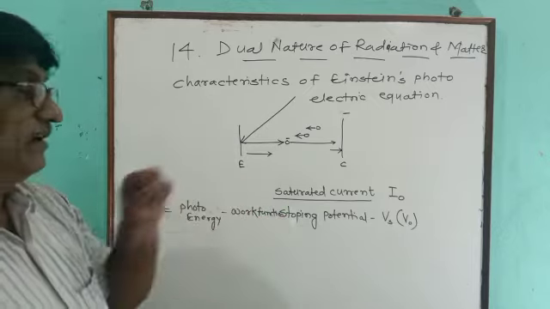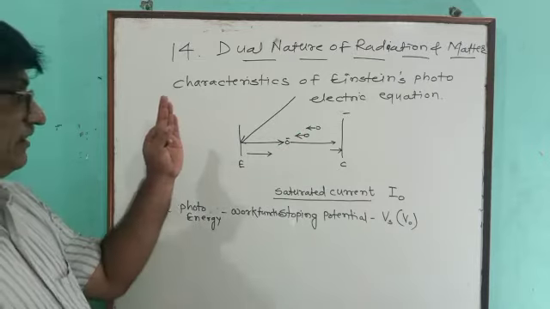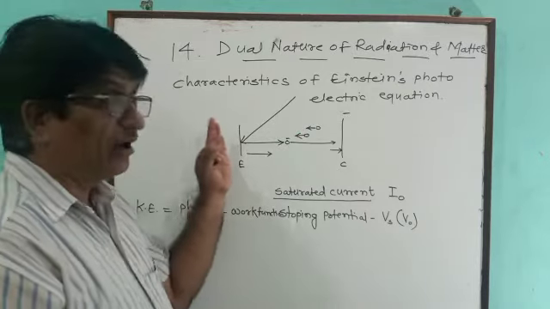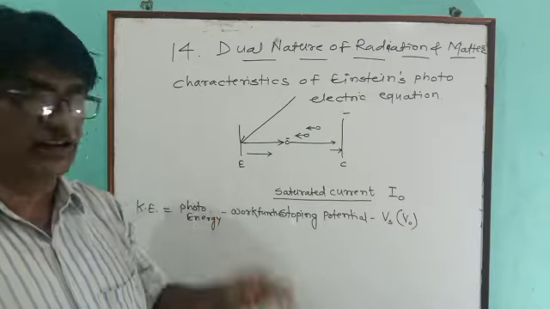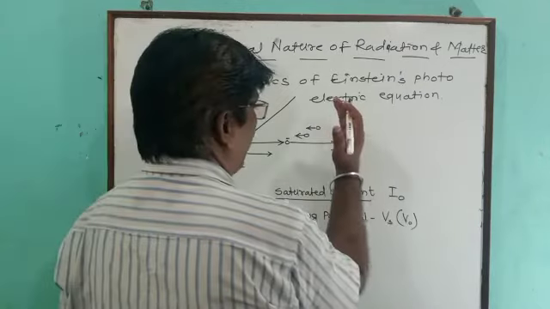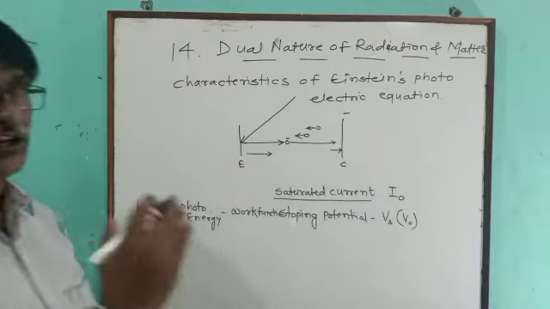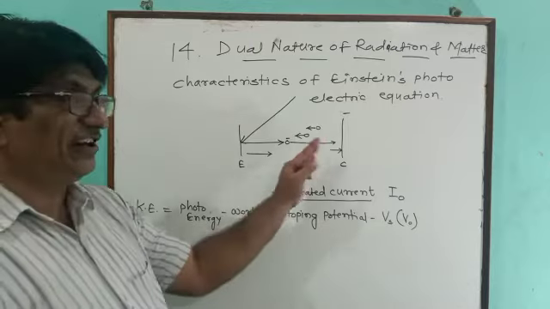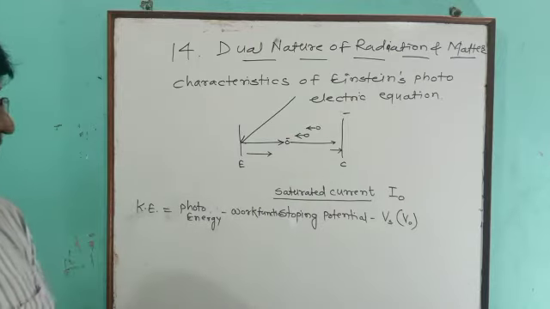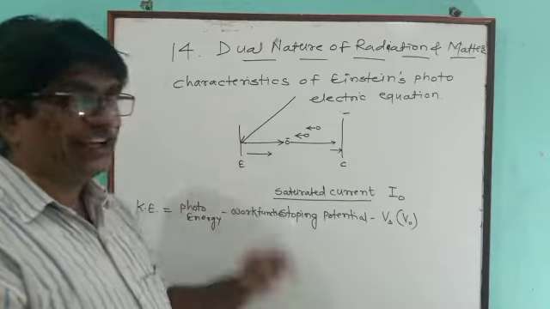The energy of the electron at the emitter is kinetic energy, and the energy at the collector is potential energy, which becomes zero.